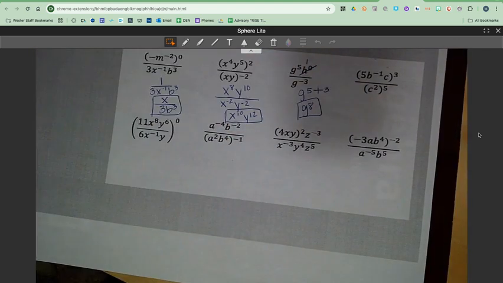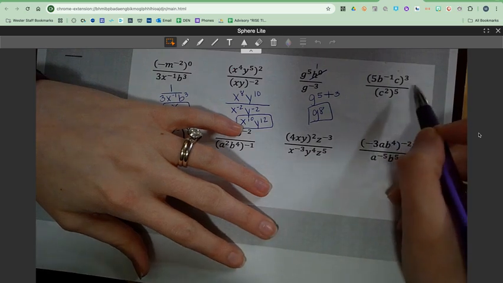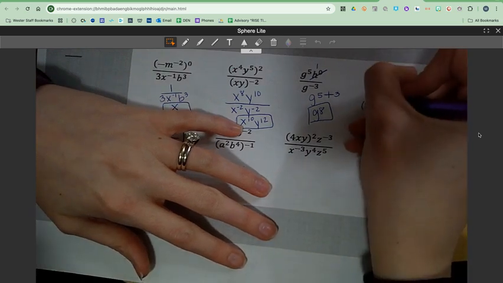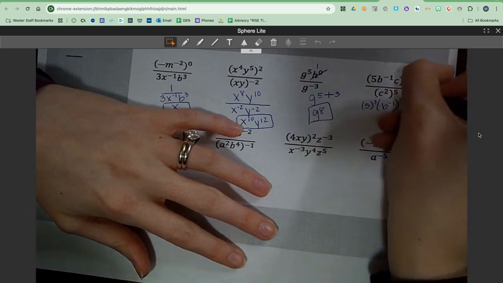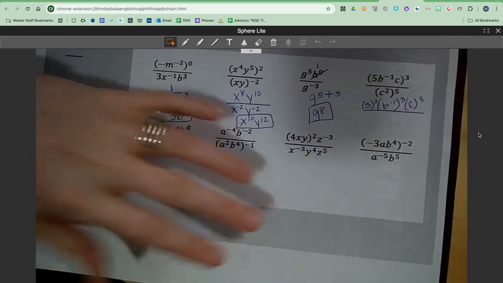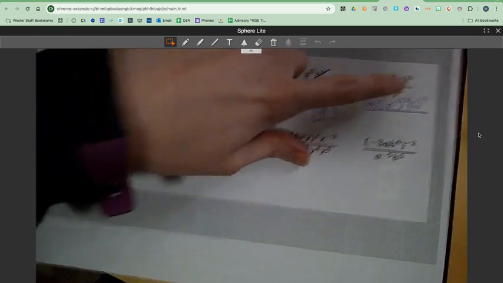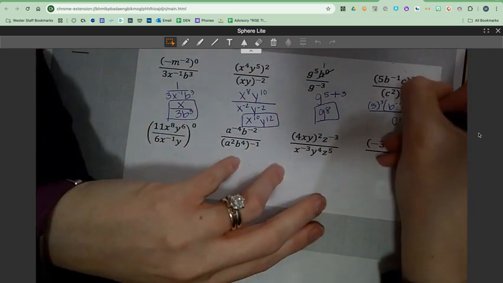Next one, we're going to have to distribute our exponent that is applied to everything in the parentheses. So we have 5 to the power of 3 times b to the negative 1 raised to the power of 3. Then we have c raised to the power of 3. All over, well, I have an exponent raised to an exponent, so we multiply them. 2 times 5 is 10, so this is c to the 10th.